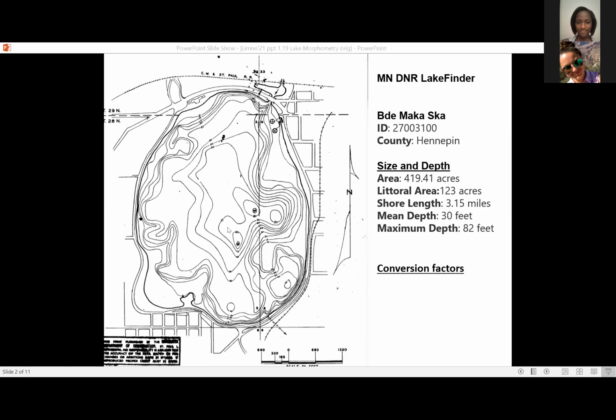It's so tiny here. I think that's 70. And I think this is 60 here. So in between this line and this line, this whole area in here is in between 60 and 70 feet deep. So you can see that it's pretty steep near the shore.